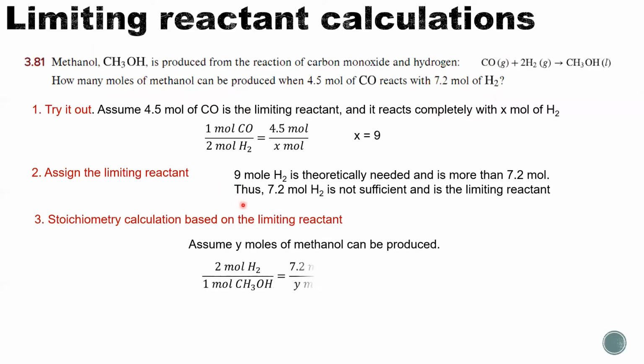Again, do the proportion. 2 mole of hydrogen corresponds to 1 mole of methanol. Now we have 7.2 mole of hydrogen, and we are going to have Y mole of methanol. Solve for Y: Y is 3.6. So for this question, we have 3.6 moles of methanol produced.